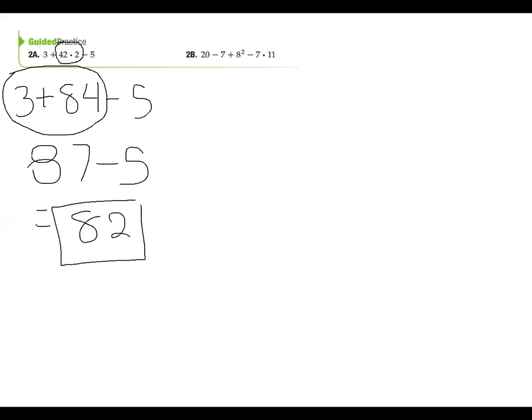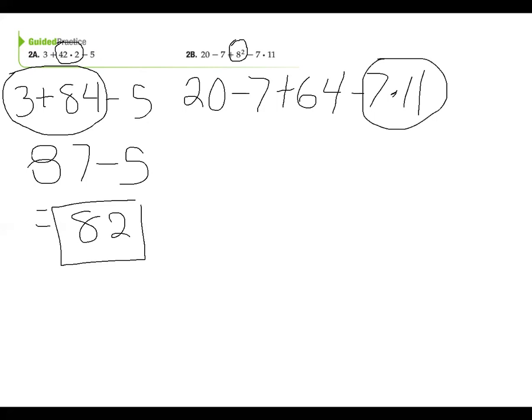Okay? And the second one here, you don't have any grouping symbols, but you do have an exponent. So this would be 20 minus 7 plus 8 squared is 64 minus 7 times 11. Now the multiplication would come next because that goes first before addition or subtraction.